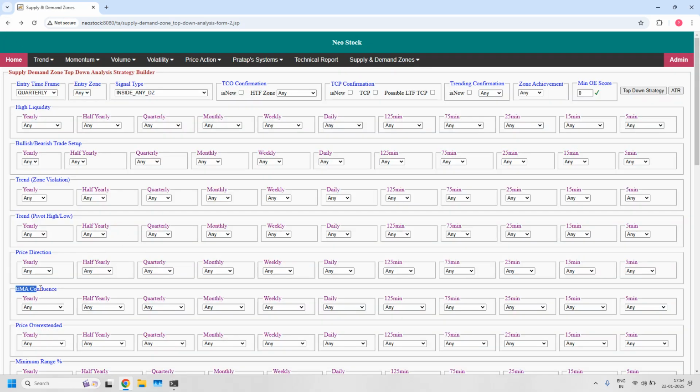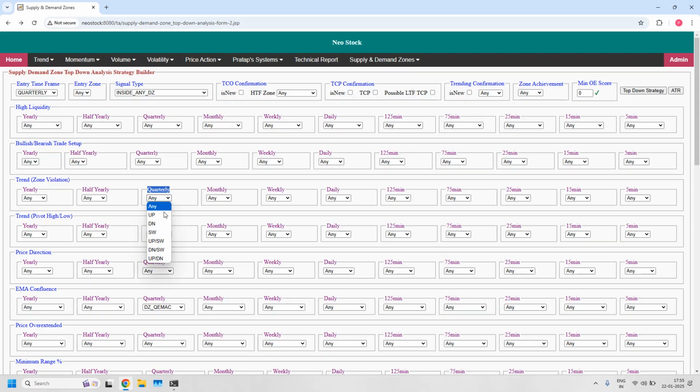So on these 29 stocks, I am applying EMA Confluence on quarterly time frame. Quarterly demand zone having quarterly EMA Confluence filter is enabled. And also don't forget, when you set EMA Confluence, trend should not be sideways on quarterly time frame, because in a sideways trend EMA Confluence does not add any effect.